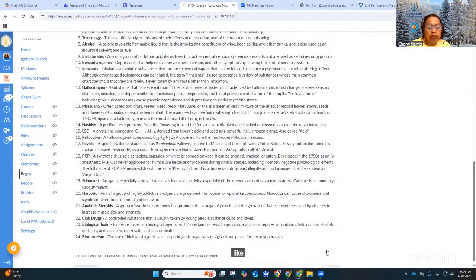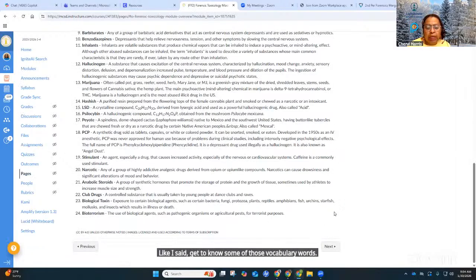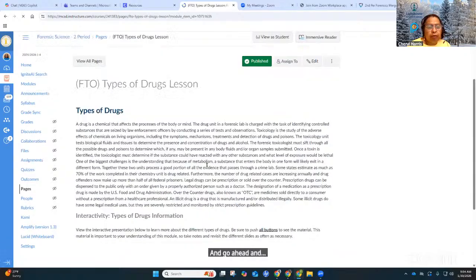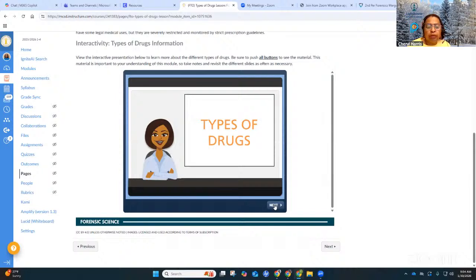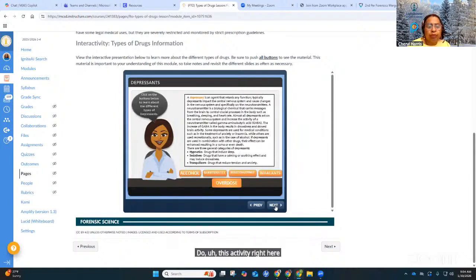Again, look at the overview. Like I said, get to know some of those vocabulary words, and go ahead and read the first section and do this activity right here. So this is just reading today for those of you who are not testing.